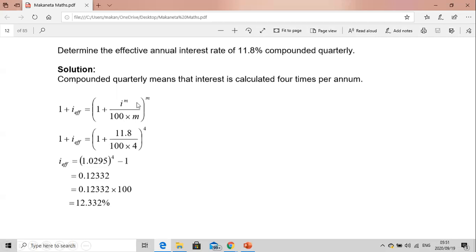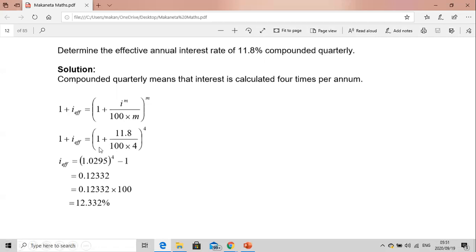And then the I will be the nominal interest rate divided by 100, remember interest you need to divide by 100, but also you divide by the number of times, which is 4 there, for 4 quarters.